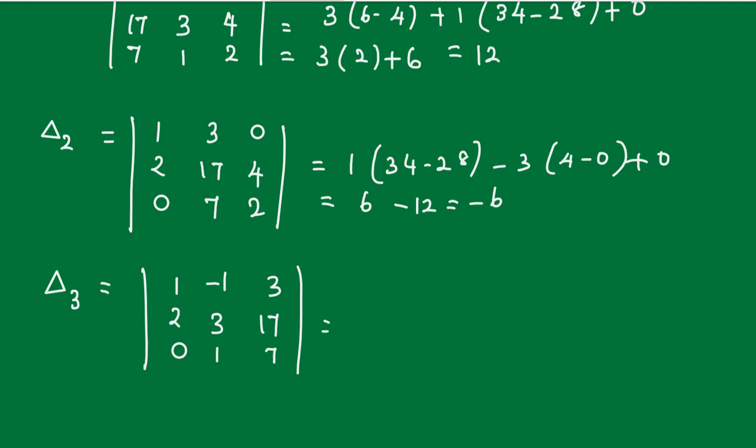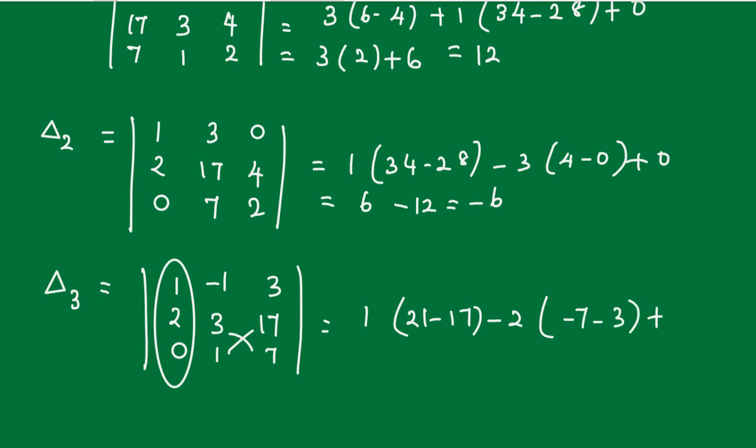Now let us expand along the first column here. So we get 1 into 7 into 3 is 21 minus 17. Expanding along the column, so minus 2 into, we get minus 7 minus 3 plus 0.